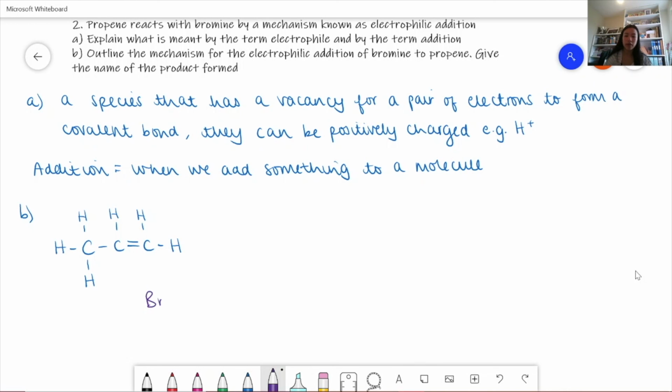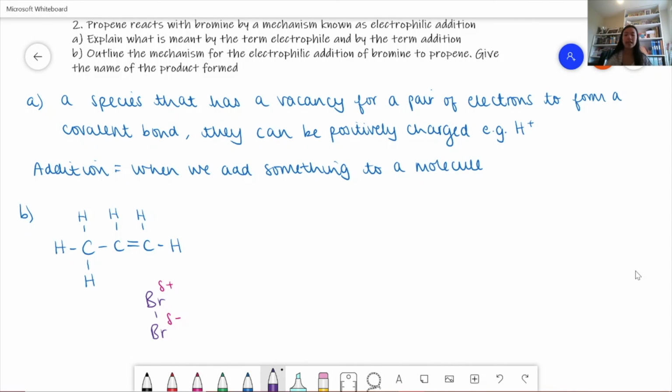So we have bromine, and the top bromine will have a delta positive charge, and the bottom will have a delta negative charge. This is because when it moves towards this double bond, the electrons from the double bond, as it's a very high area of electron density, will repel the electrons already on the upper bromine. And so the electrons tend to gather around the bottom bromine, which develops a partial negative charge, whilst the top bromine will have a partially positive charge.